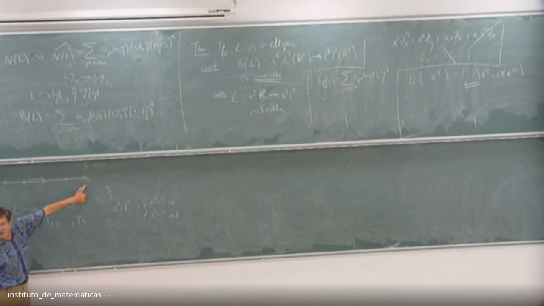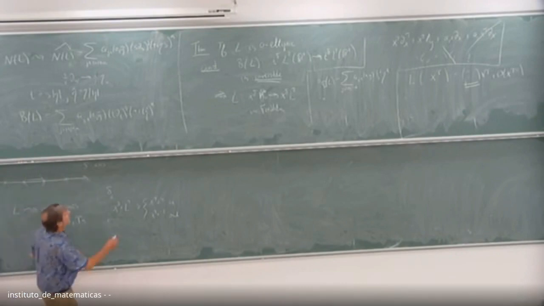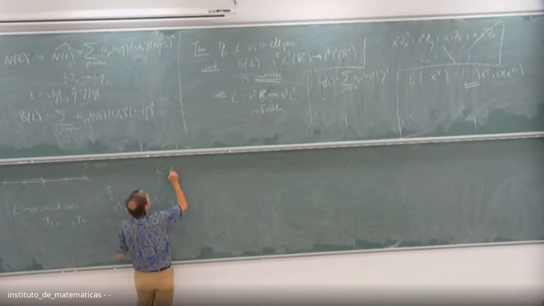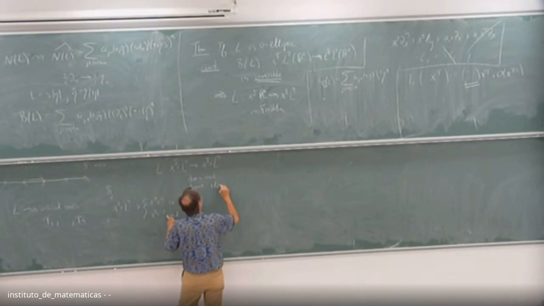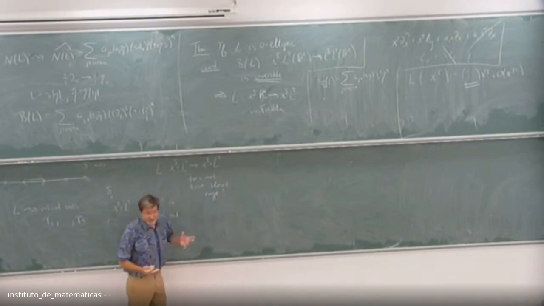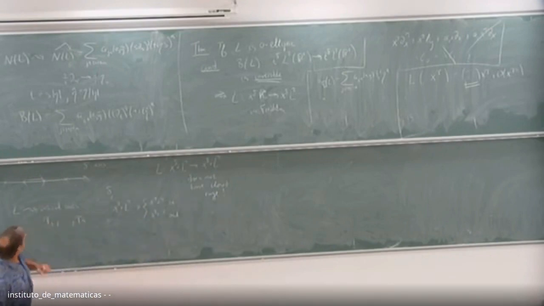I call them bad because bad things happen. And what happens in these other intervals? At the weights themselves, L at these bad weights does not have closed range. Okay, so that's terrible.